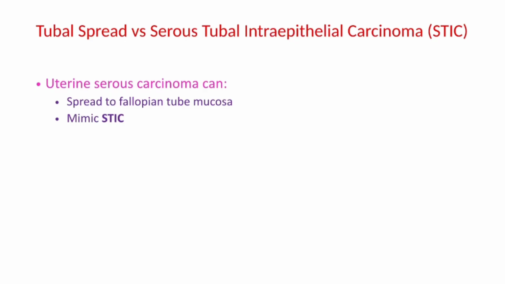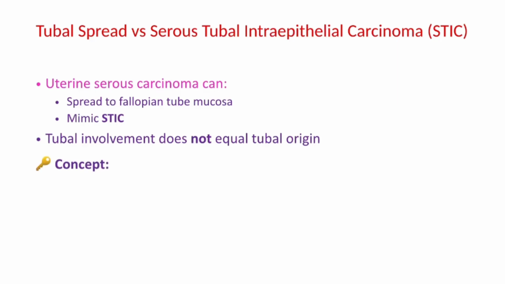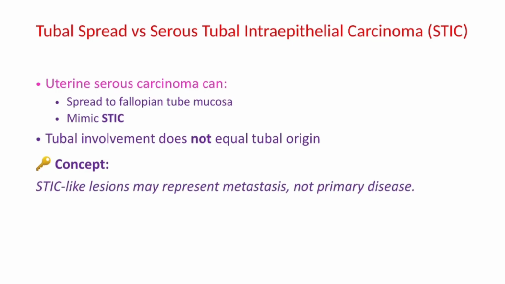So, uterine serous carcinoma can spread to fallopian tube mucosa, which mimic STIC, and its involvement does not equal tubal origin. So, whenever it is present with uterine serous carcinoma, it is generally a tubal spread, and this STIC-like lesion may represent metastasis, so it is not a primary disease.